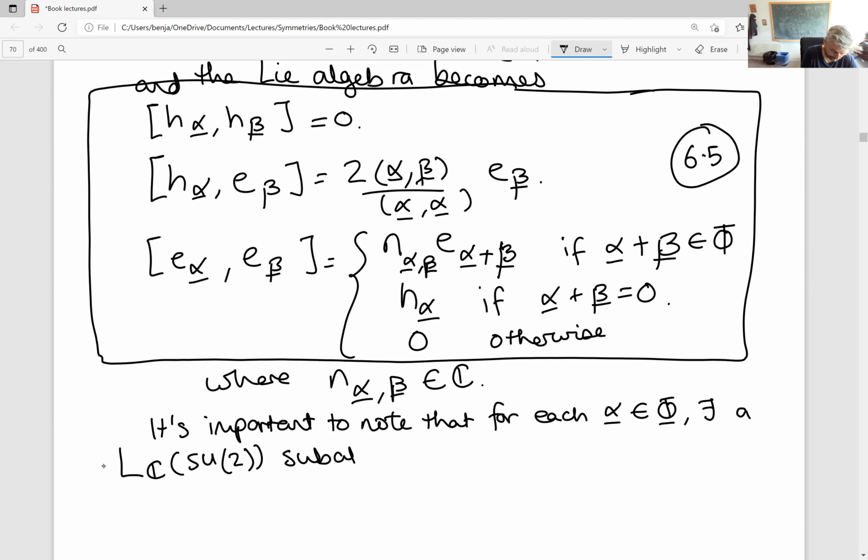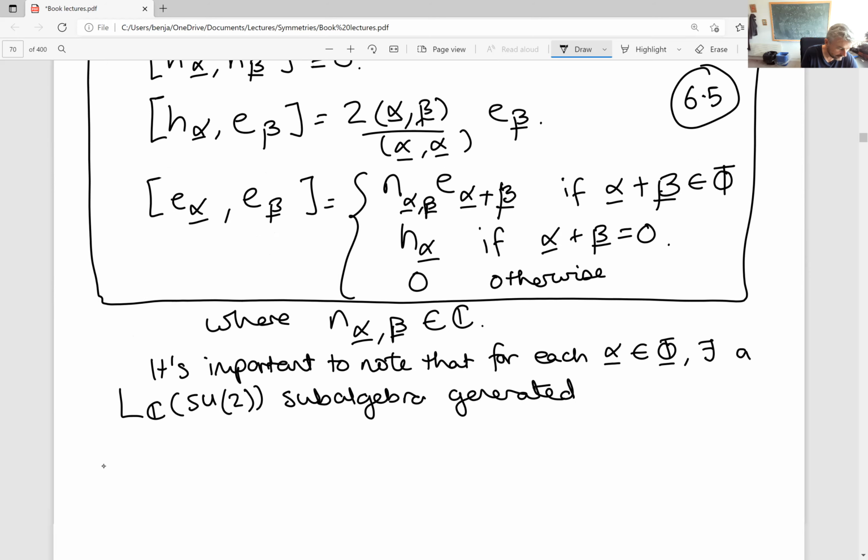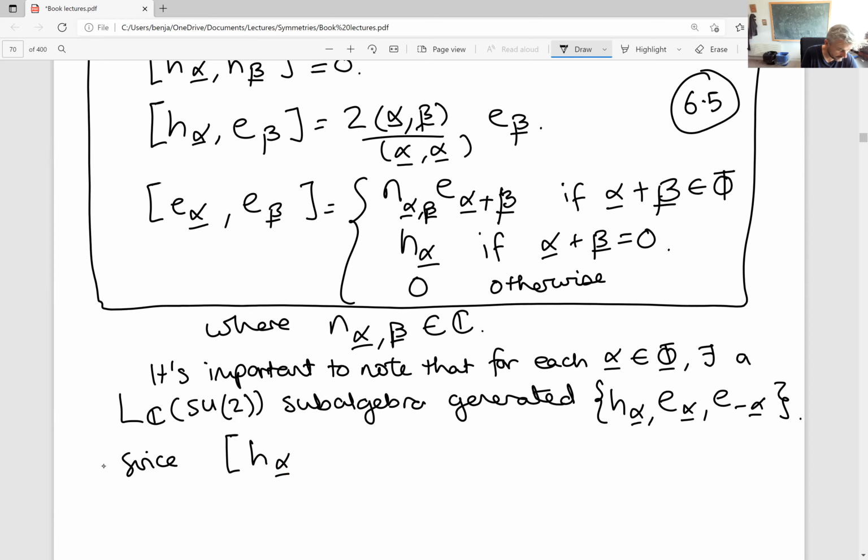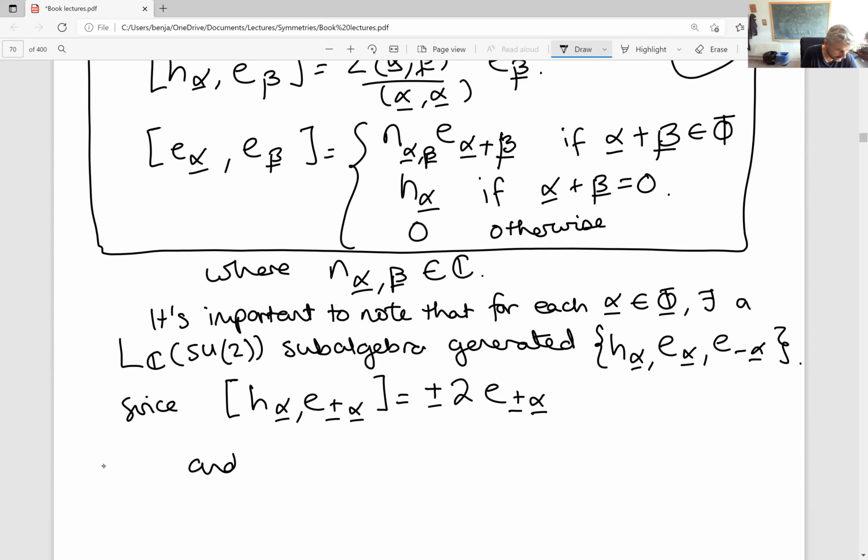There's a subalgebra, and it's generated by the set H alpha, E alpha, and E minus alpha, since you can check that 6.5 implies that the bracket of H alpha and E plus or minus alpha is plus or minus 2 E plus or minus alpha, and the bracket of E alpha, E minus alpha is H alpha.